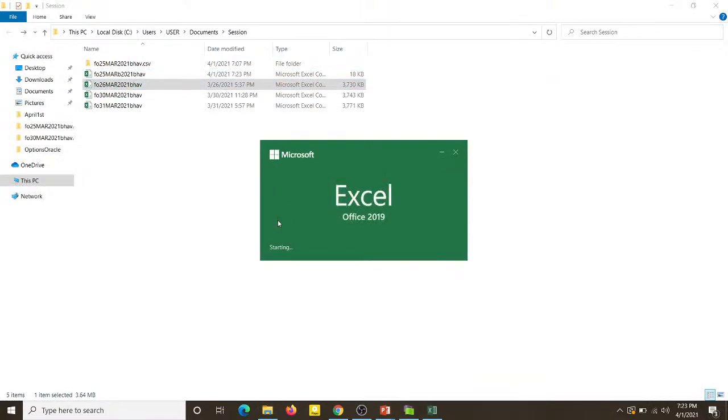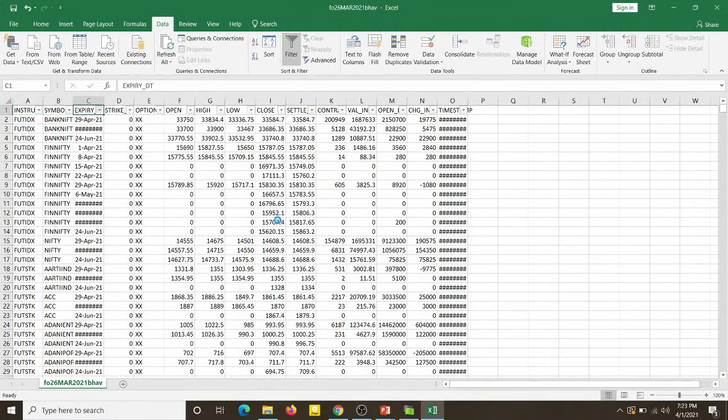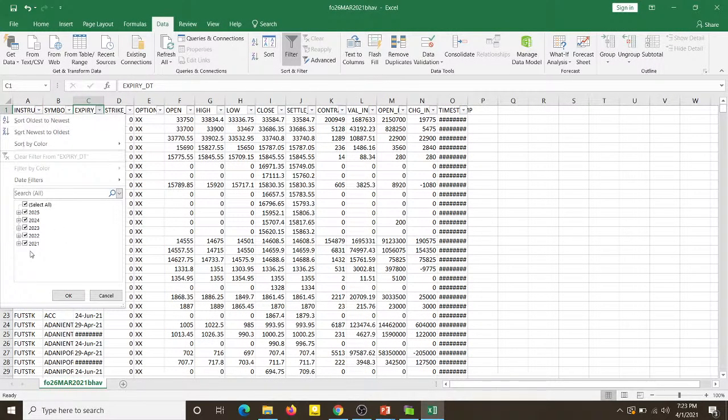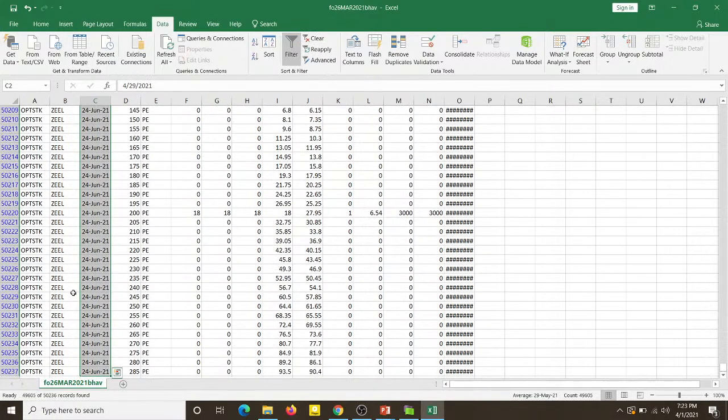I'll do the same exercise, sort out the information only for the expiry of 1st April and delete everything else. Correct, fine.